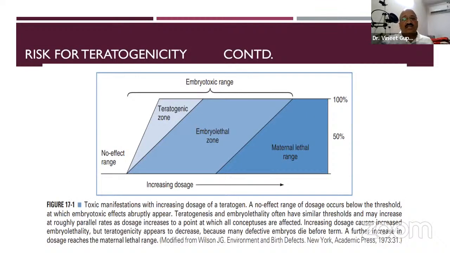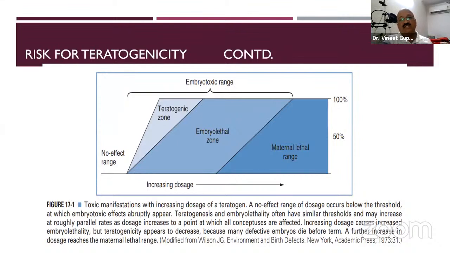Risk of teratogenicity. You can see the increasing dose moving from the teratogenic zone, to the embryo lethal zone, to the maternal lethal zone. So you can see the teratogenic zone is ending while the embryo lethal zone is full-fledged. It is because when the embryo has died, nobody is going to see the teratogenicity of the dead embryo, and it cannot be manifested once the baby is not delivered.